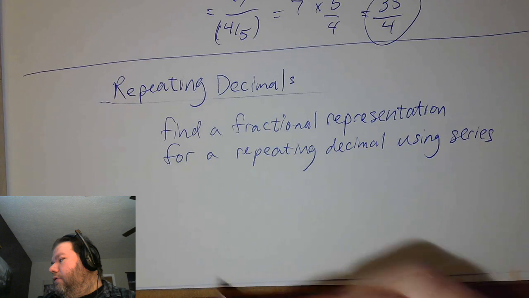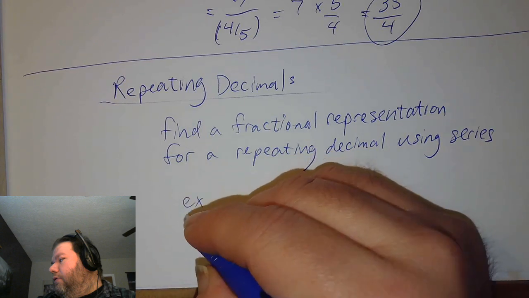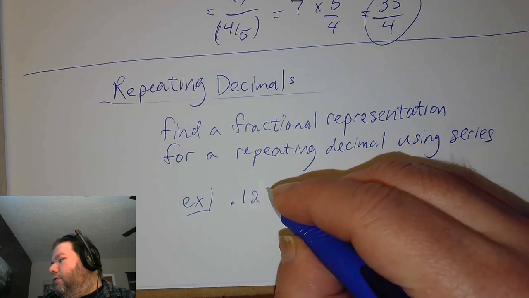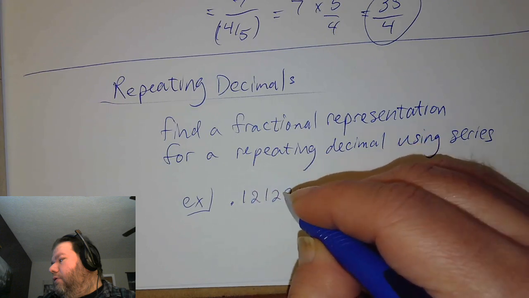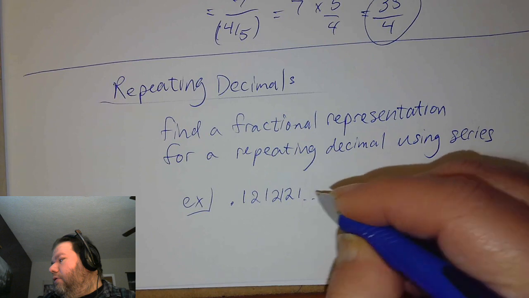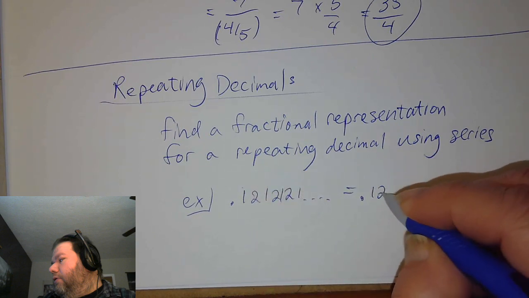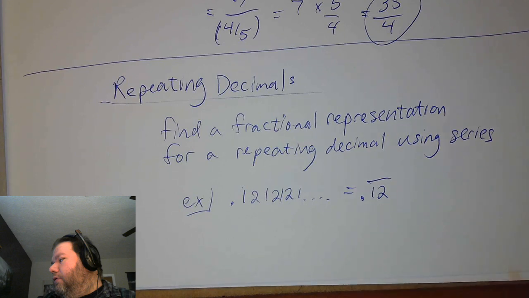Now when you say repeating decimal, it might be that we have 1, 2, 1, 2, 1, 2 repeating. Sometimes you see it written as 0.12 with a bar over the 1, 2 to show that this is the repeating pattern.